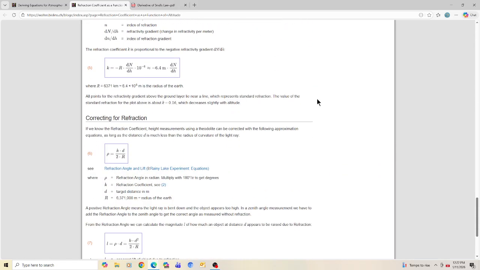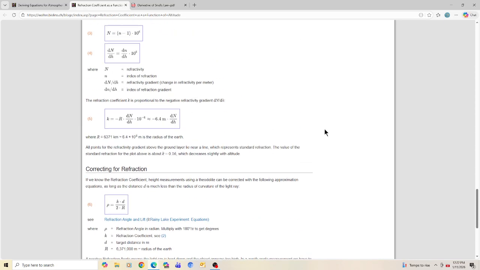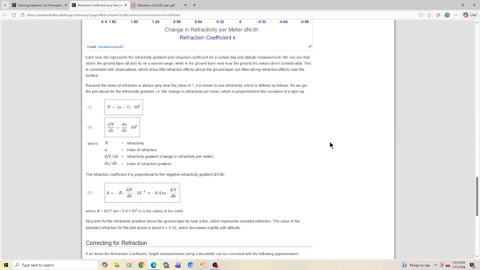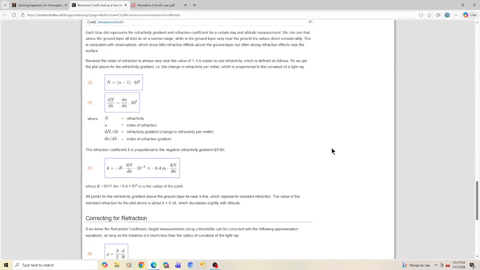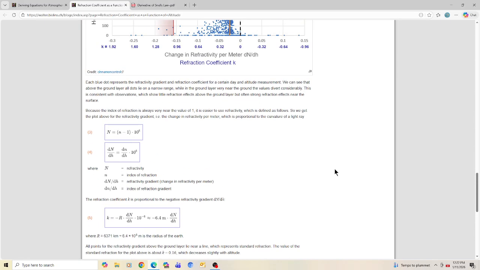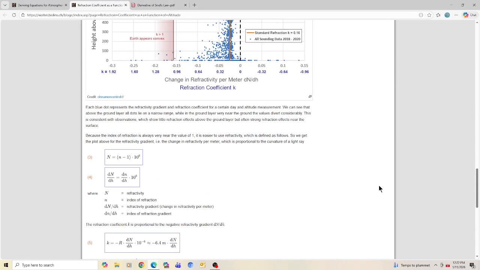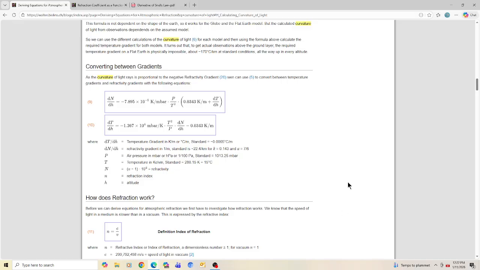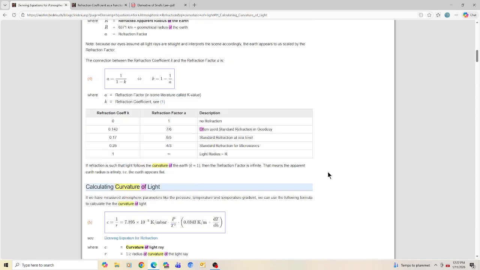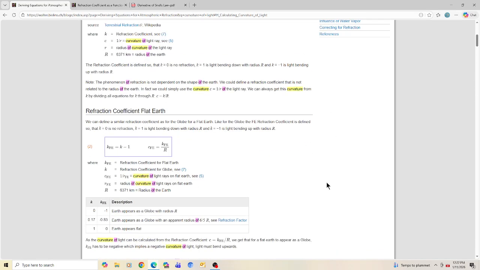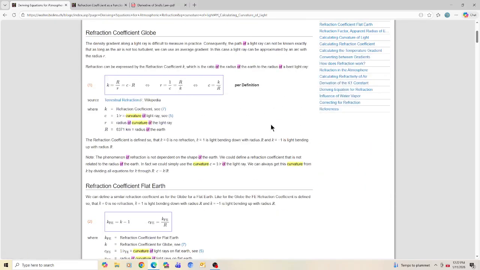So what all does this mean? When you're correcting for refraction, and you've made the assumption that your method of correcting for refraction is going to be based on a coefficient that assumes the curved path of light. Let's get right back to the beginning. Okay?